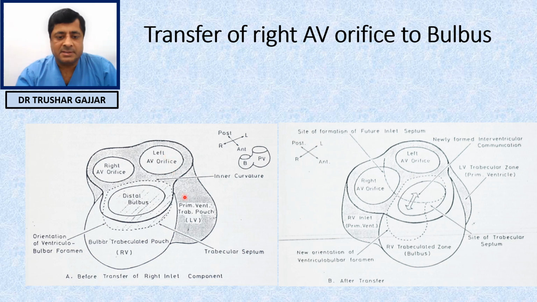The left AV orifice will come in communication with the primitive ventricle. Still, there is a bulboventricular foramen. The blood has to go from the primitive left atrium through the left AV valve into the primitive ventricle, through the bulboventricular foramen into the bulbus, and then outwards.